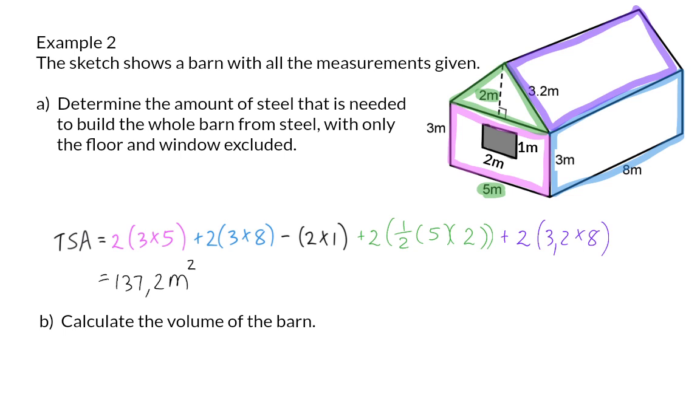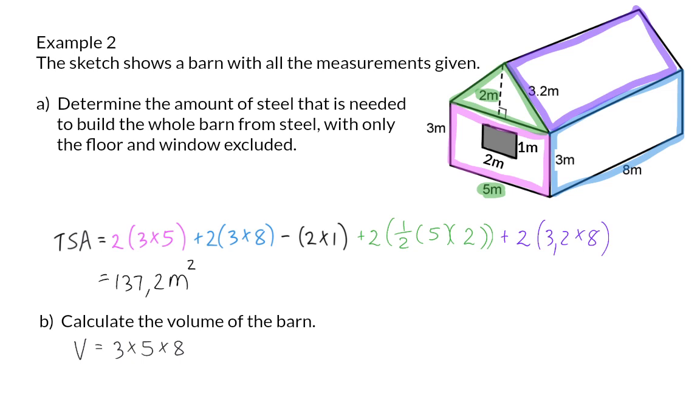Question B. Calculate the volume of the barn. For this, we will have to add up the volume of a rectangular prism and a triangular prism. For the rectangular prism, I'm going to take the pink rectangle in front as my base, and that is a 3 by 5 rectangle that has been stretched for 8 meters to form the volume.